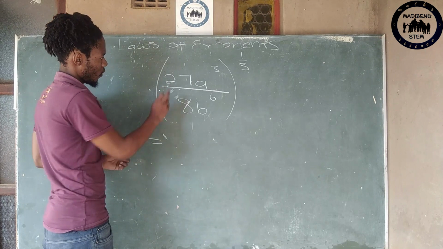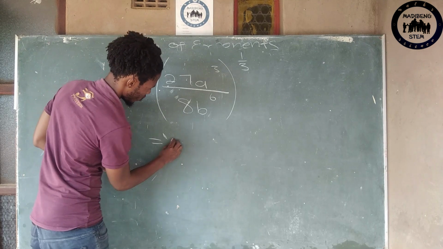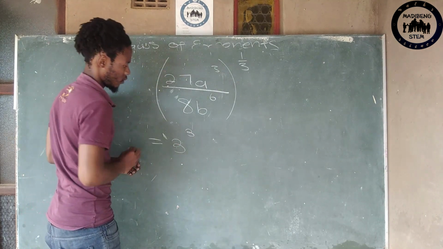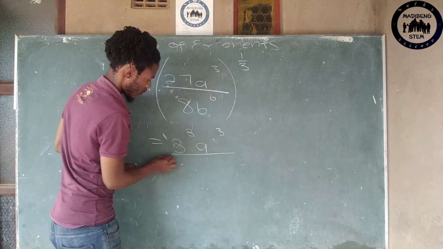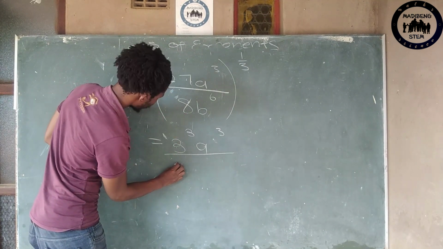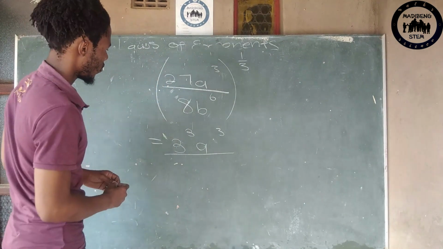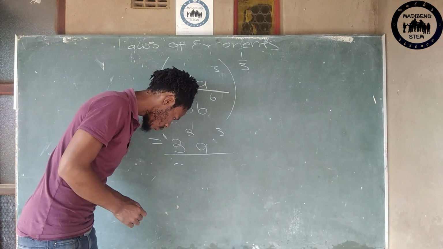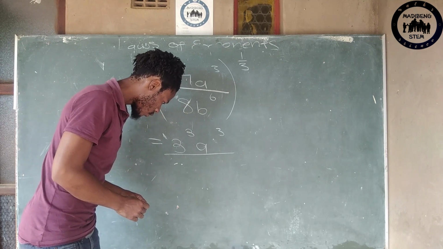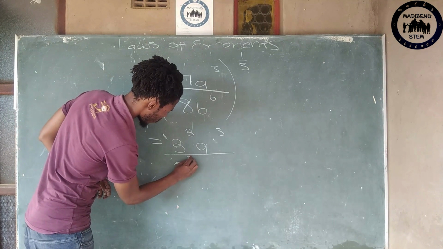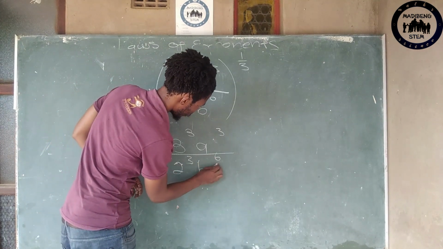What is 27 in exponential form? It's 3 to the power 3. This is 27. a to the power 3 divided by 2 to the power 3, b to the power 6.